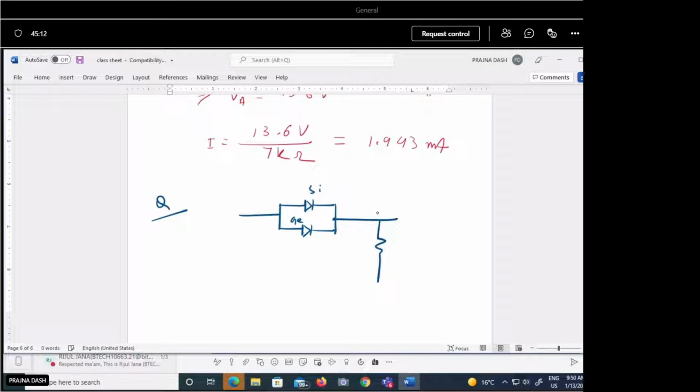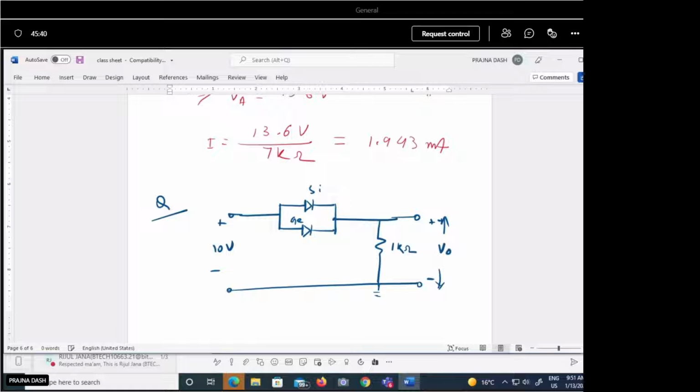Here a 1 kilo ohm resistance is given, and this is the ground terminal. This is your output voltage, this is positive, this is negative, and your applied voltage is suppose here plus 10 volt.